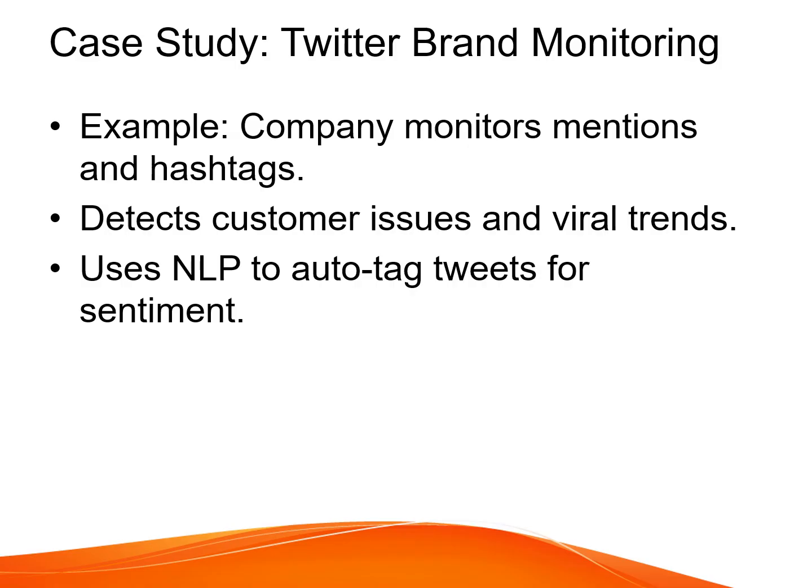If negative feedback spikes, Nike's social media team can respond immediately to control the narrative, which helps in reducing negative feedback from the customers. This showcases how automation and NLP enable proactive brand reputation management.